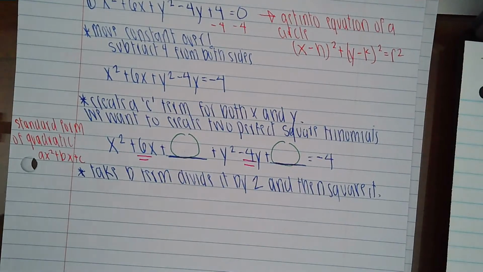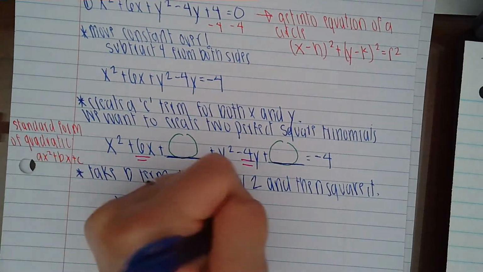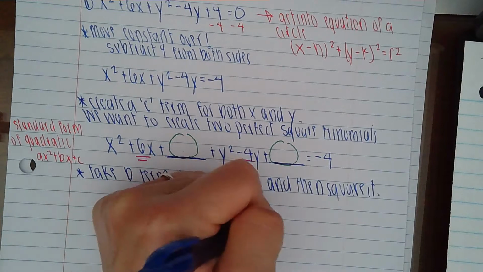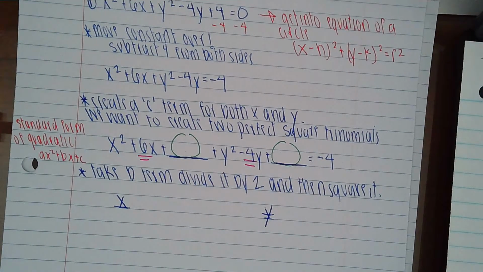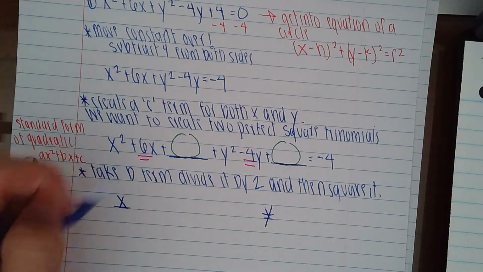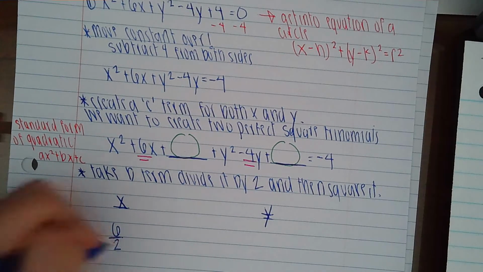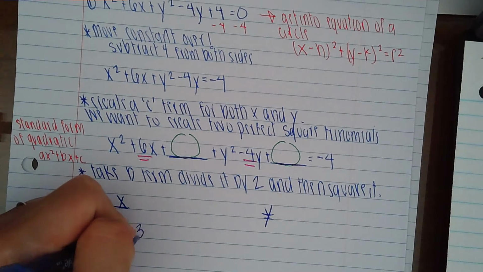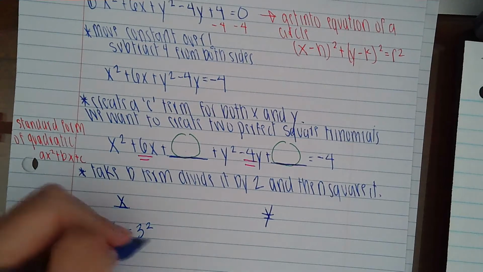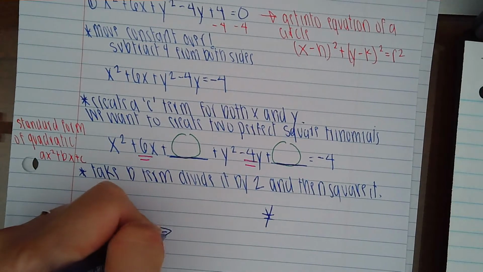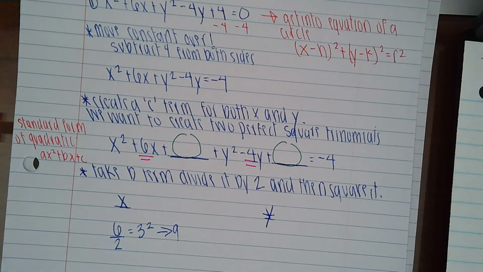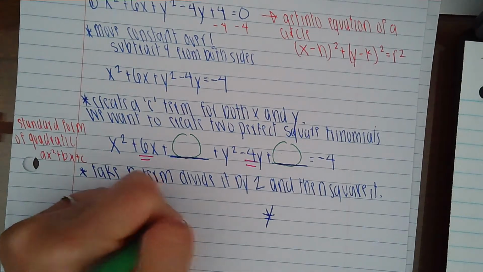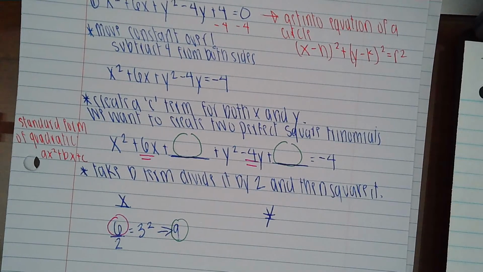Okay, so we're going to do our x and our y. So our b term for our x is going to be a 6. We're going to divide it by 2, which gives us 3, and we're going to square it. So we now have a 9. So we're taking our b term and we're getting our c term.